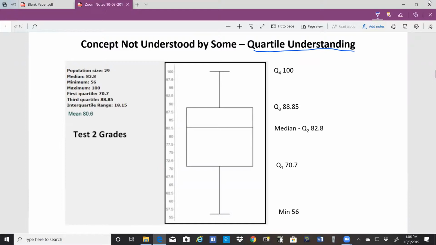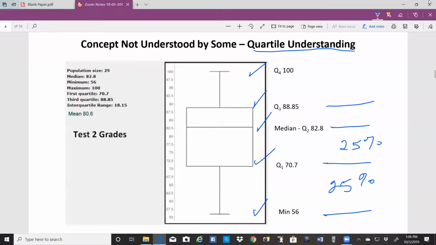If you calculate the 5-number summary, I hope you understand that the first quartile is 25% of the people, or 25% of the data. And then the next quartile, there's 25%. And then the next quartile, Q3, that's 25% too.